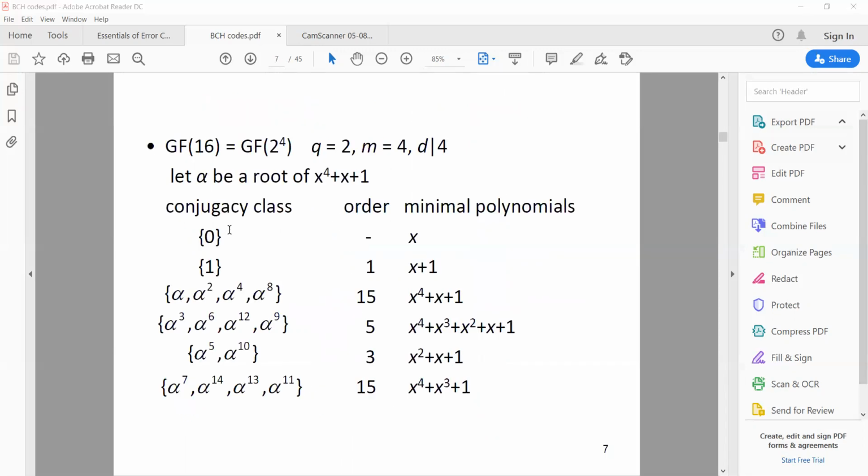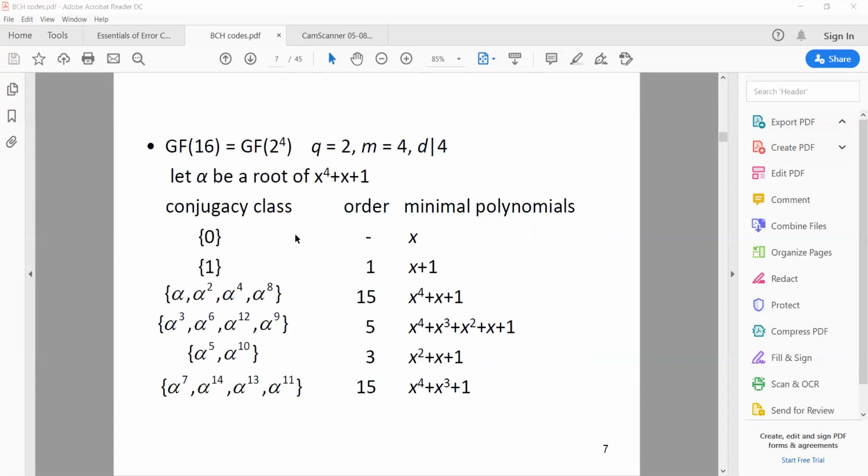As in the previous way, these are all the possible polynomials when considering the highest degree as 4. So this is x, x plus 1, and these are the corresponding roots of these polynomial equations. This GF16 is not included in your syllabus, so it is not needed to discuss further. Our topic is minimal polynomials.